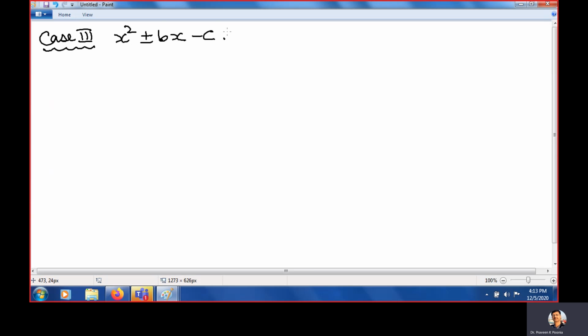Here it may be plus, maybe minus, doesn't make any difference. But here c is negative. If c is negative, then what important thing you need to remember is that the factors will be of x square plus minus bx minus c.